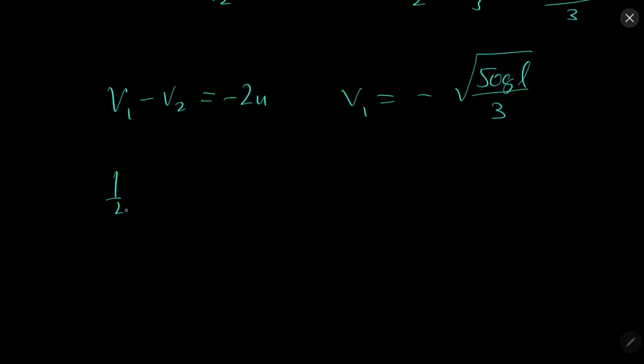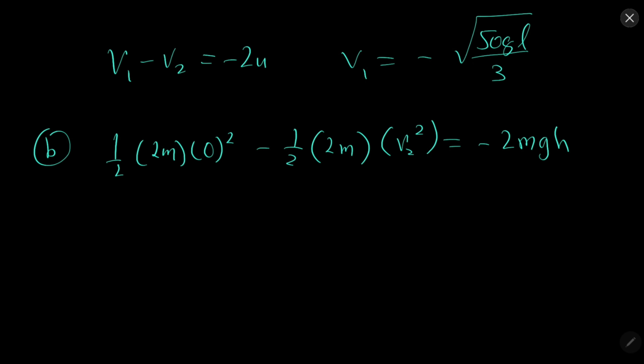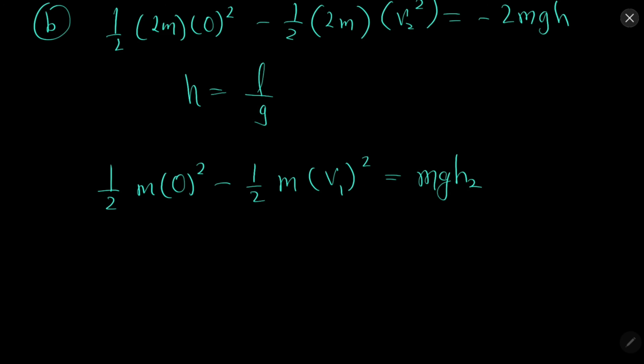So now by the work energy principle, half 2m 0 square minus half 2m v2 square equal to minus 2mgh. So from here h will come out to be L over 9, and similarly half m 0 square minus half m v1 square equal to mgh2.